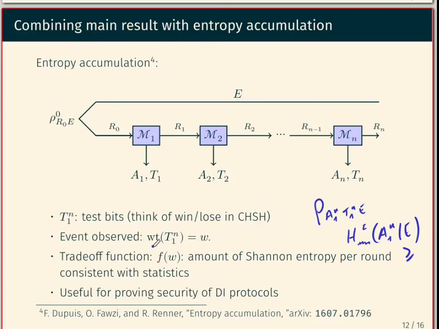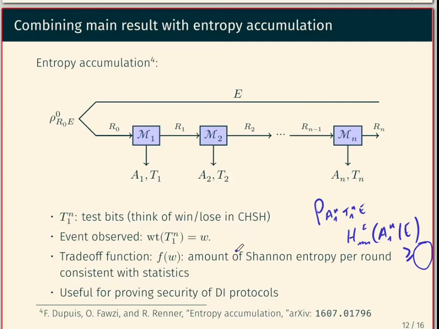So you observe an event that the Hamming weight of T1 to n is equal to w, and you would want a bound that depends on what you've observed, so on the value of w. So you're going to have a trade-off function that I'm going to call f of w, which is the amount of Shannon entropy, or von Neumann entropy rather, per round, that is consistent with what you've observed, so consistent with the number of games that you've won or lost at CHSH.